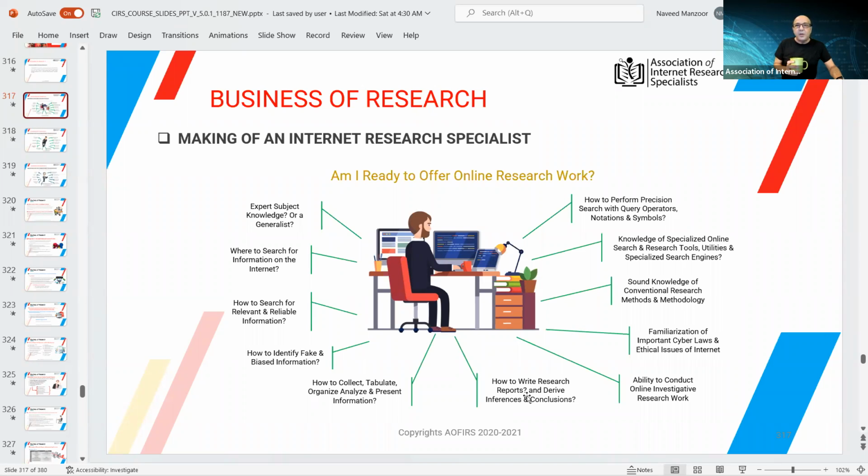And of course, depending on the objective of research and the scope given to you, you would be able to figure out what style to adopt for reporting reasons. One of the researches that you do generally for the clients is just to provide enough information for the client to make a decision or come up with a conclusion, and you don't need to derive any inferences or give your own opinion.